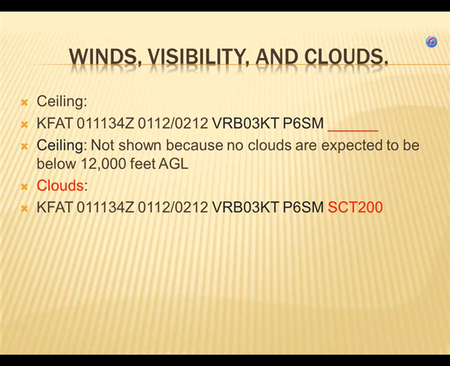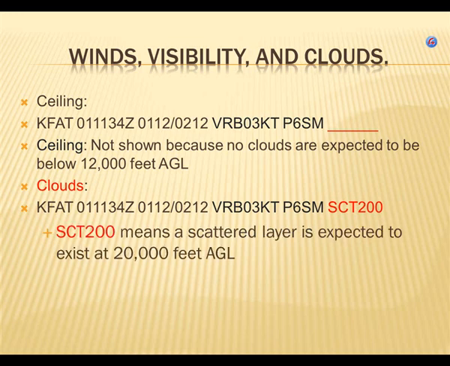So they say, by the way, there are no clouds below 12,000, but there's a scattered layer at 20,000 feet. And as I say, in my wording, it is expected to exist at 20,000 feet.